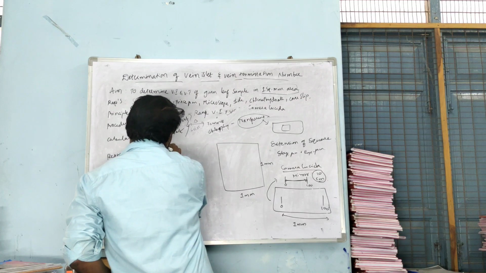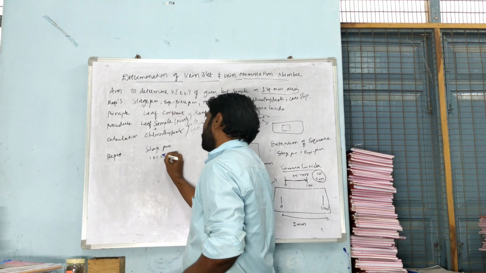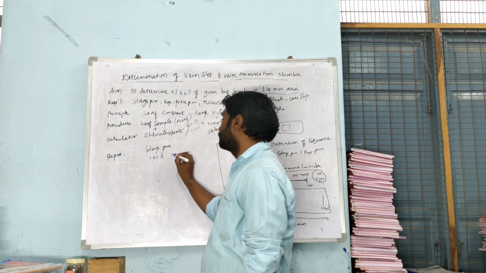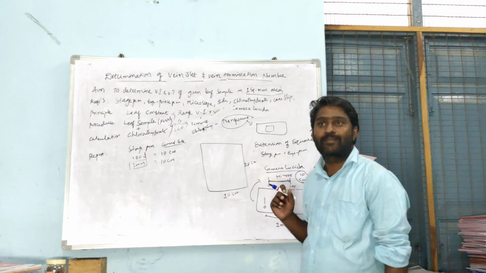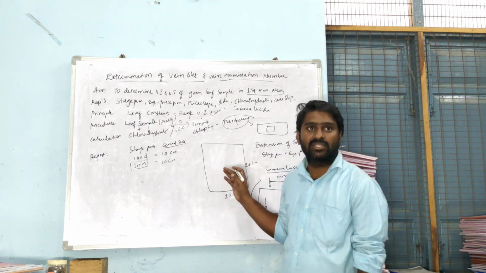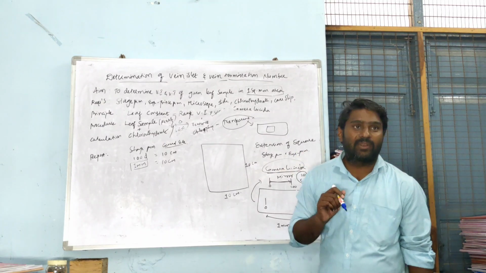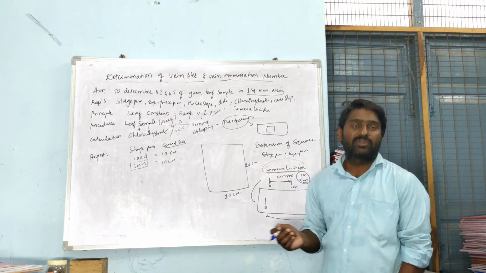In case of the stage micrometer, where 100 divisions are equal to 1 millimeter, you are supposed to focus the number of vein islets and the number of vein terminations. By using the same procedure, that is by using the camera lucida itself, you are supposed to trace the images.